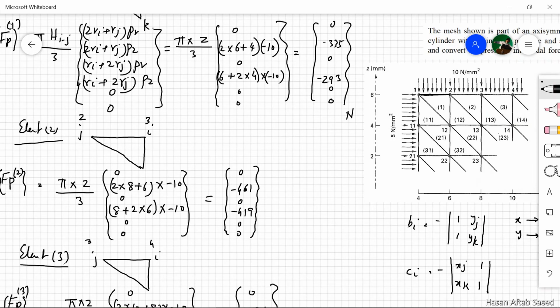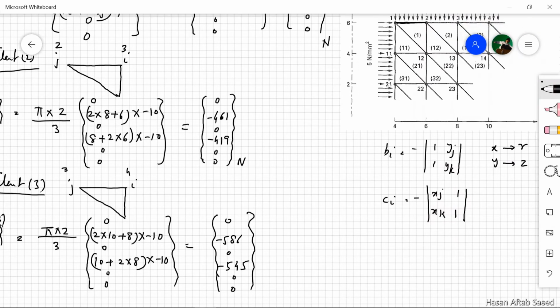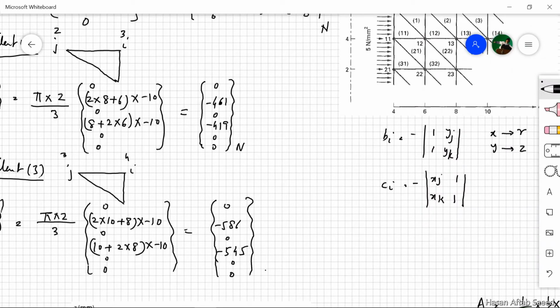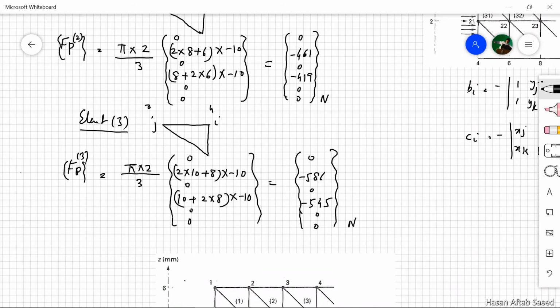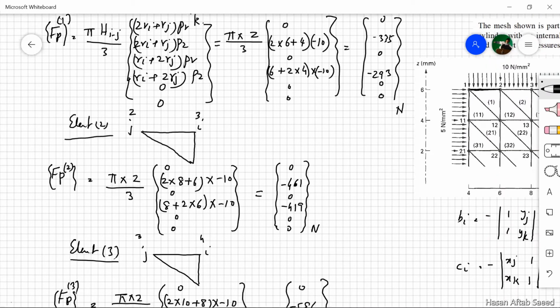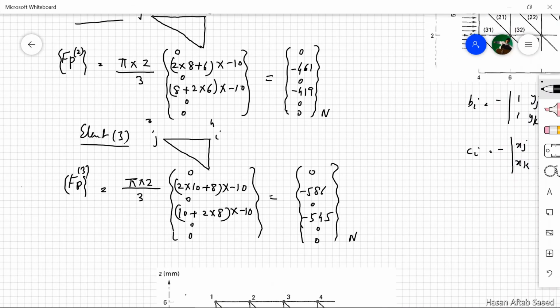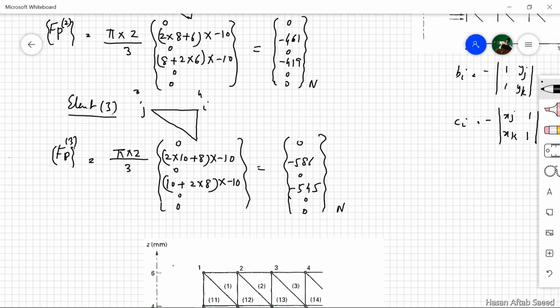So let's plot these forces on the diagram, because this is what we were required to do, convert the pressure into nodal forces. So this 335 and 293 comes here, 335 Newton, 293 Newton.